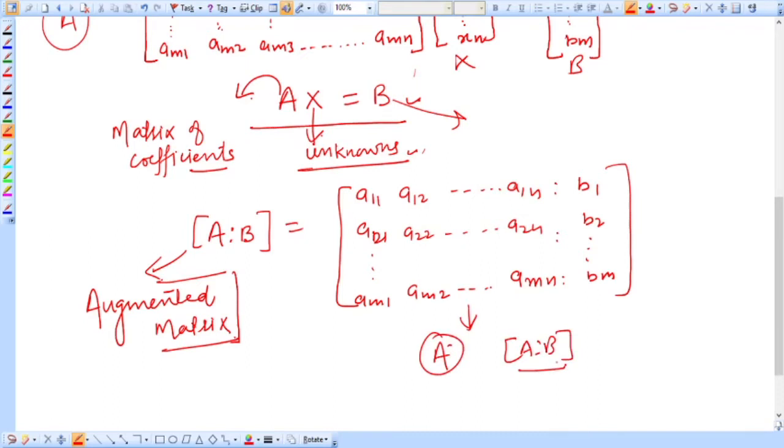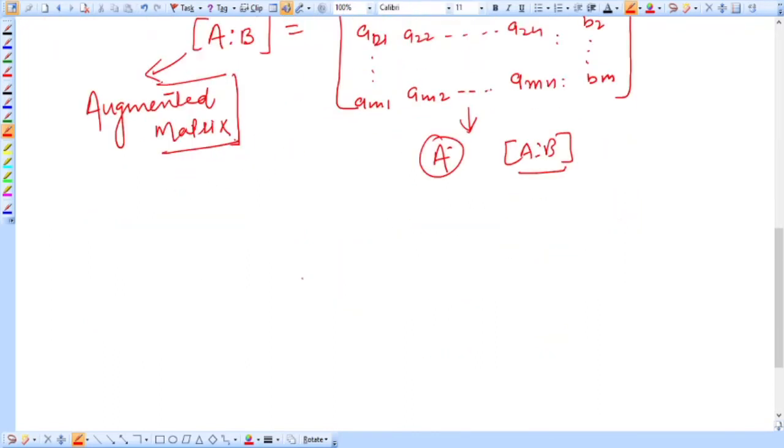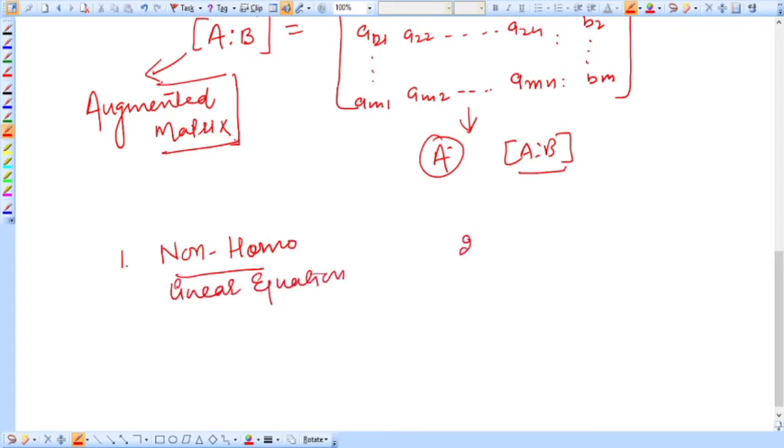Now a system of linear equations can be classified into two types. First type is non-homogeneous linear equations, and second is homogeneous linear equations.